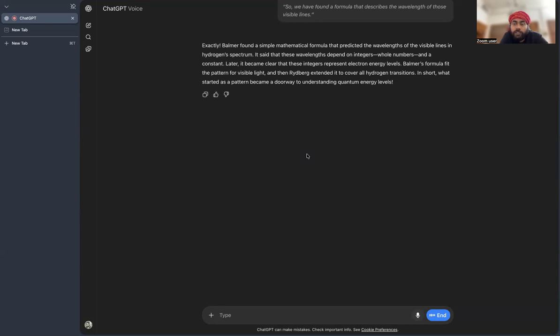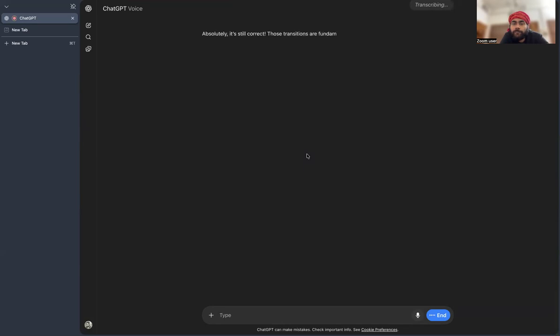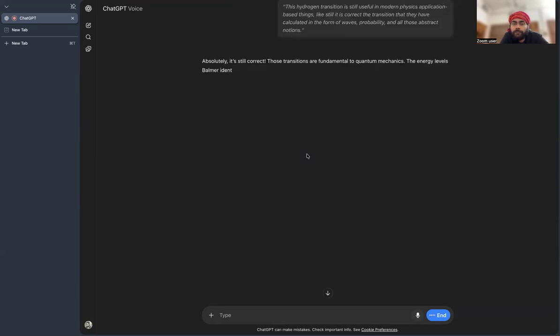Is this hydrogen transition still useful in modern physics applications? Is it still correct, the transitions that they have calculated in the form of waves, probability, and all those abstract notions? Absolutely, it's still correct. Those transitions are fundamental to quantum mechanics.